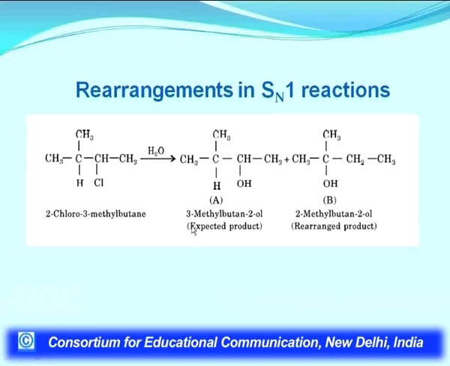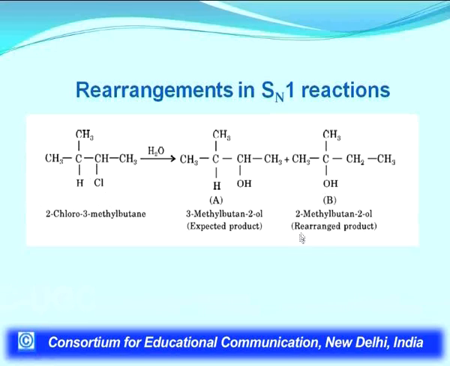So, we expect 3-methylbutan-2-ol, but along with this we get 2-methylbutan-2-ol. Now, this is a rearranged product. Rearranged means somehow this chlorine is lost from here and the hydroxide has occupied this position. So, some movement has occurred, and a hydrogen has changed its place from here to this carbon.